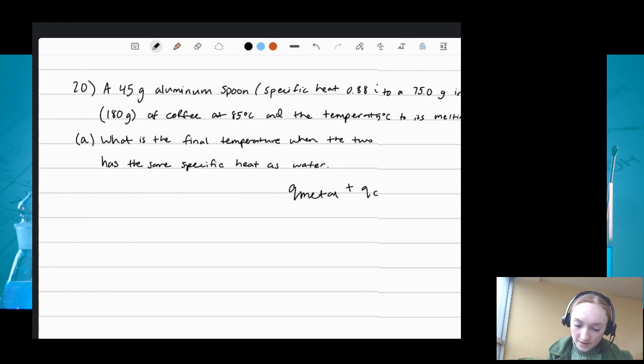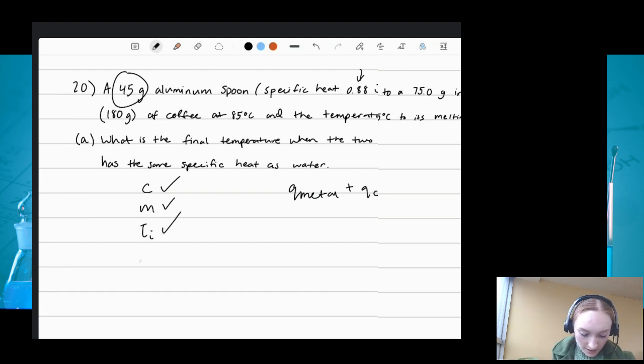The specific heat of the aluminum we're given, so that's the C value. We're given the M value, the 45 grams. The delta T we don't know, but we know its initial value was 24 degrees Celsius. So that's T initial.